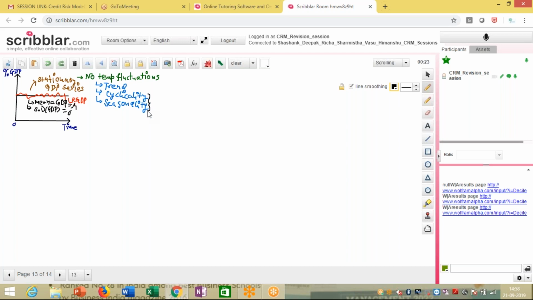So they add periodicity to the data. Over a period of time, you will have a spike, you will have a fall, you will have a spike, you will have a fall, and this pattern would continue, right?